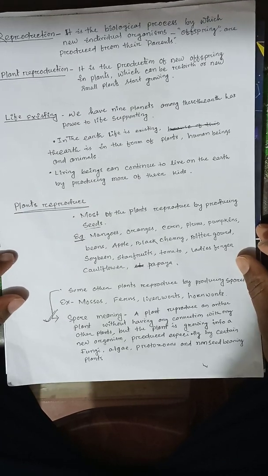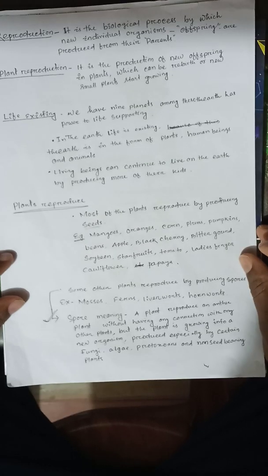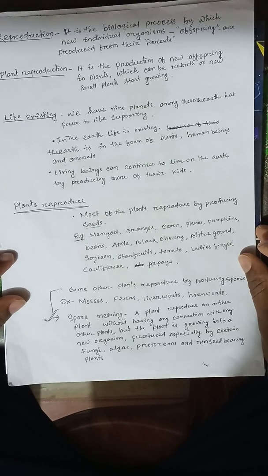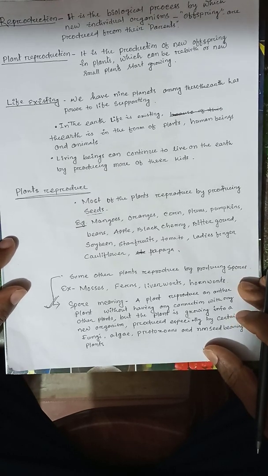So what does spore mean? A plant reproduces without having any connection with any other plants. The plant grows into a new organism produced specially by certain fungi, algae, protozoans, and non-seed bearing plants.